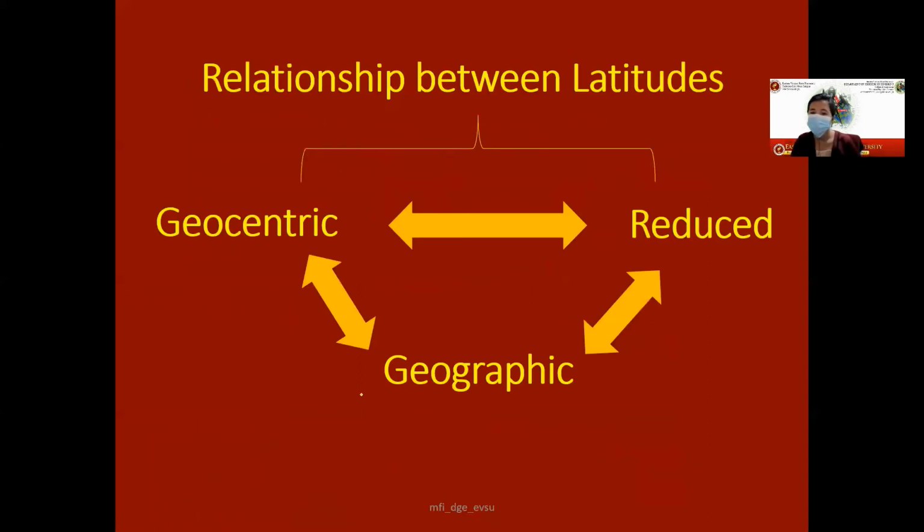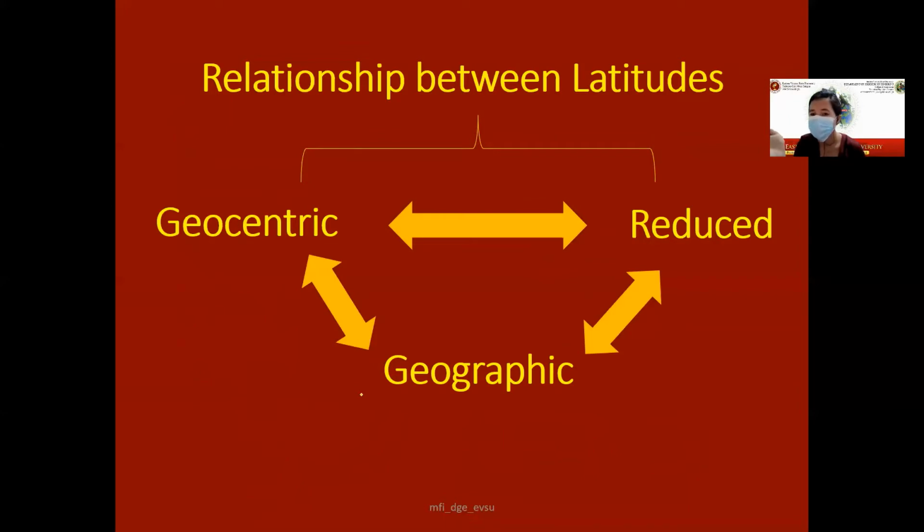Okay, so now we have the relationship between the latitudes. So basically we have three latitudes. We have the geocentric, which means the origin is at the center of the earth. We have the geographic. When you say geographic, we use an alternative origin, so our point is on the surface of the earth.